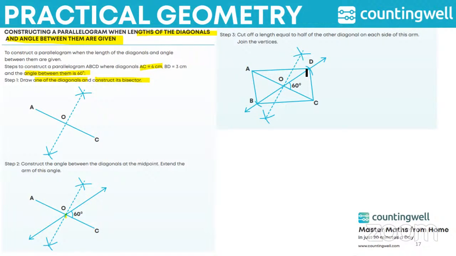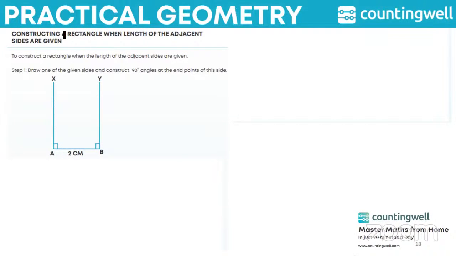So here we can cut off the arc of the same length as we have AO and OC. Here we cut off and we'll join the respective vertices. So we'll get the required parallelogram.